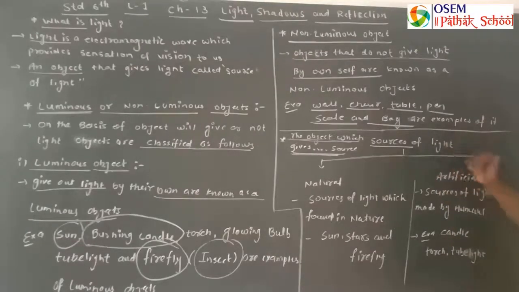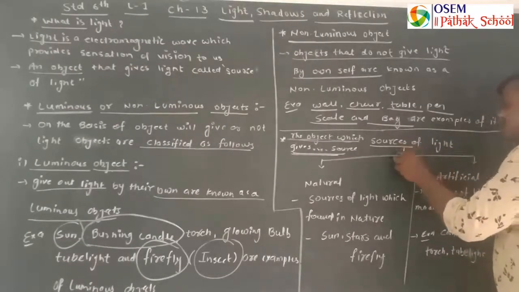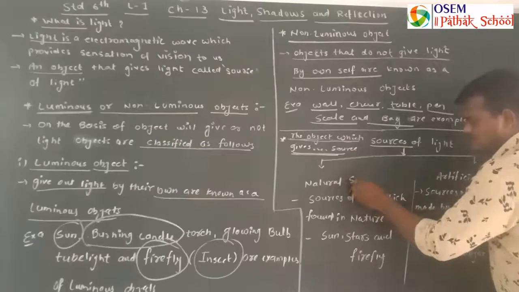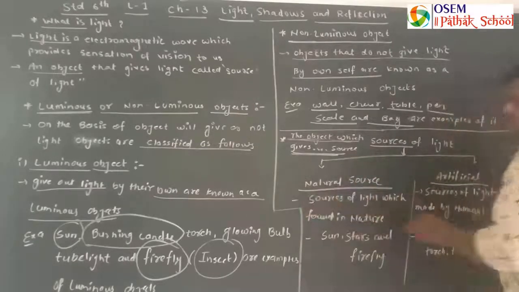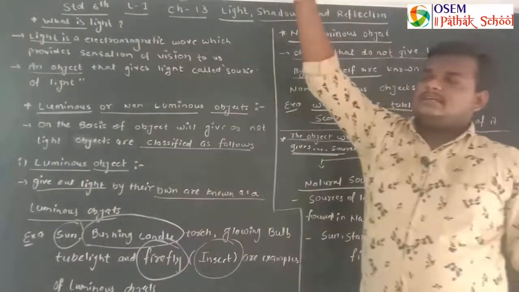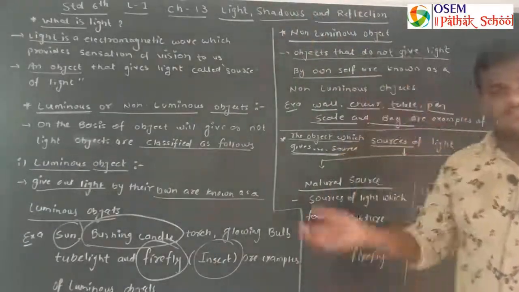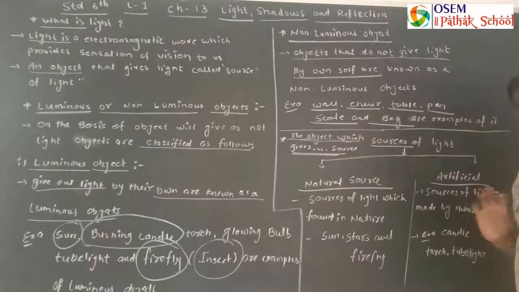So sources of light can be classified into two types: natural source and artificial source. Natural is given by nature, and artificial sources are made by humans.